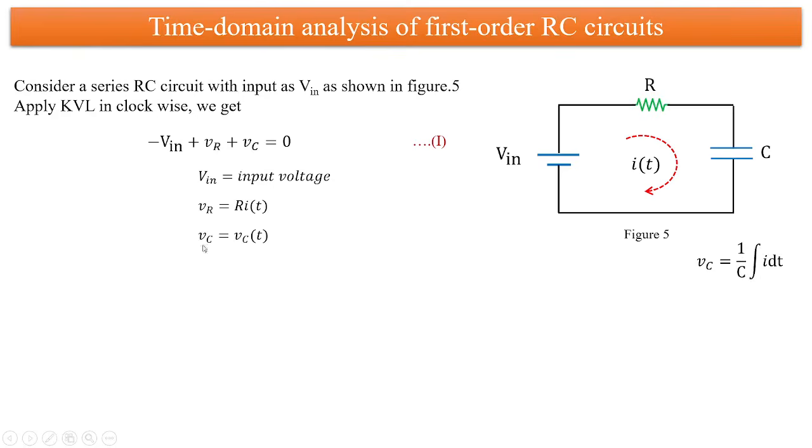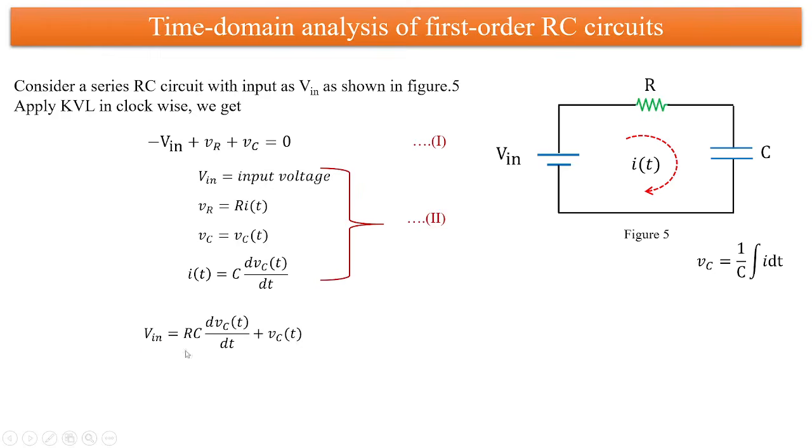Now this voltage we are treating as Vc of t, and I can obtain the value of current by differentiating this equation on both sides as C dVc(t) by dt. So all these assumptions I'm going to take as equation 2, and then I substitute equation 2 in equation 1.